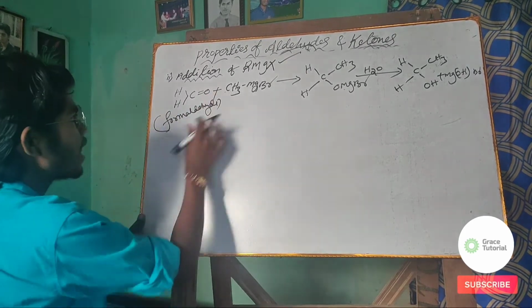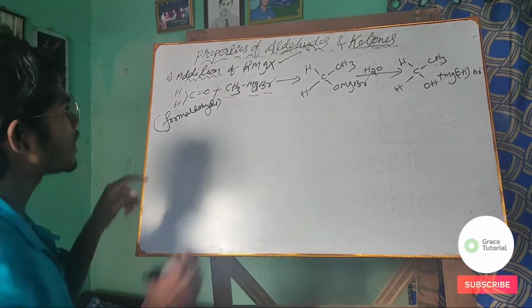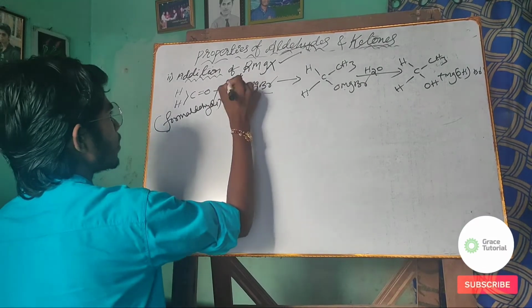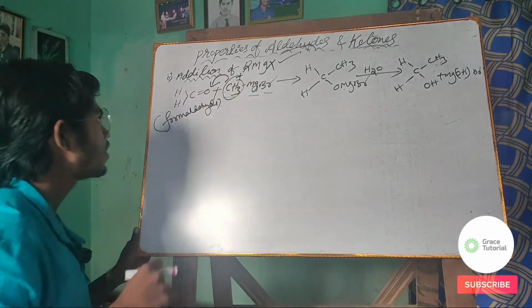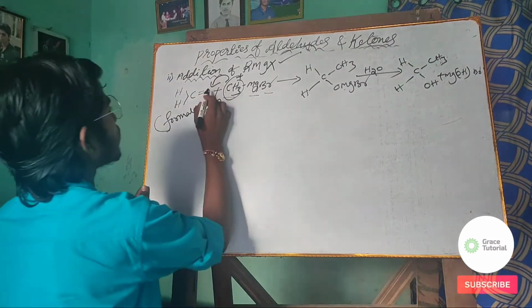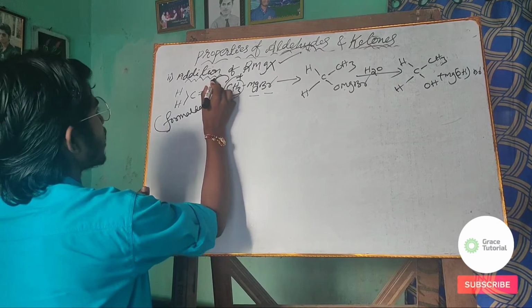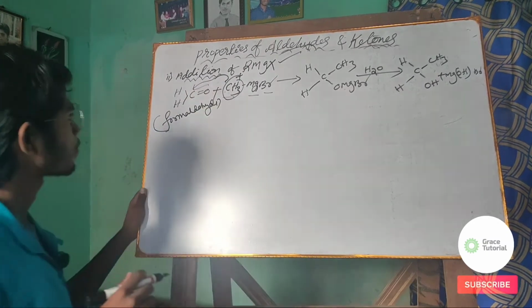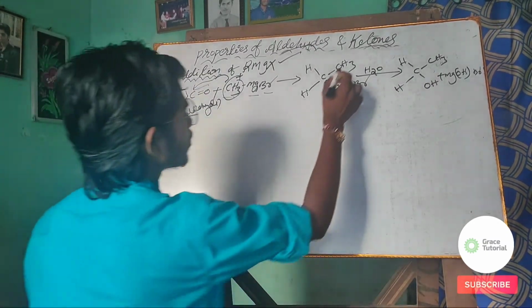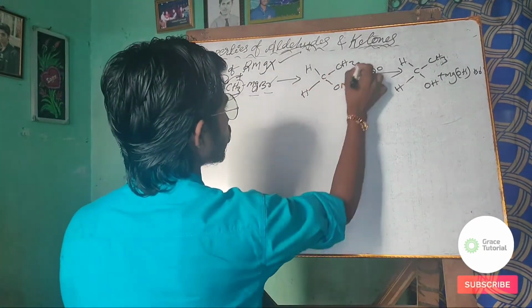When this formaldehyde reacts with methyl magnesium bromide, then this methyl, since it is a nucleophile, will be attacked by the carbon atom. Here the pi bond will be broken and a sigma bond is formed.